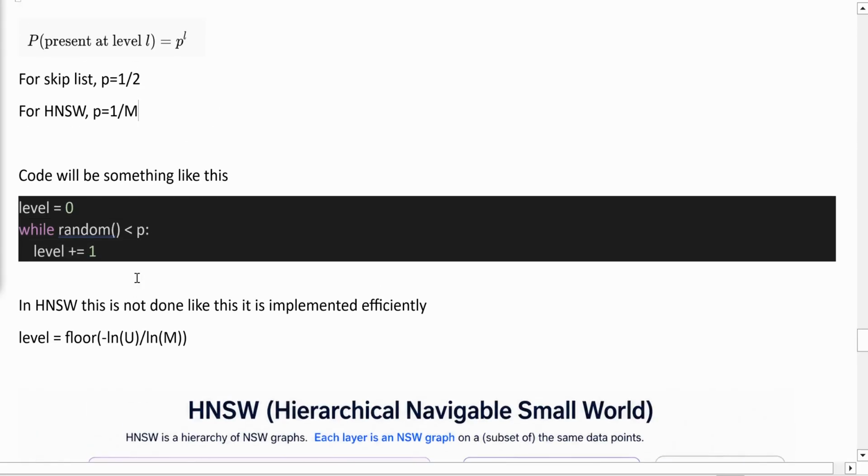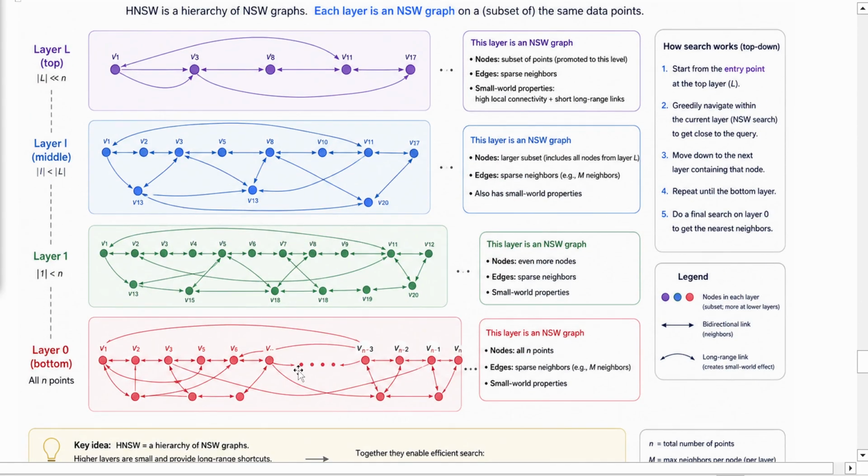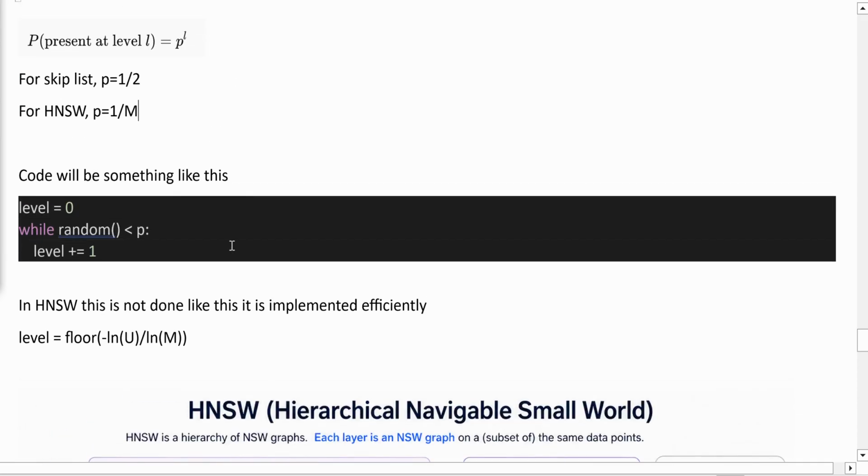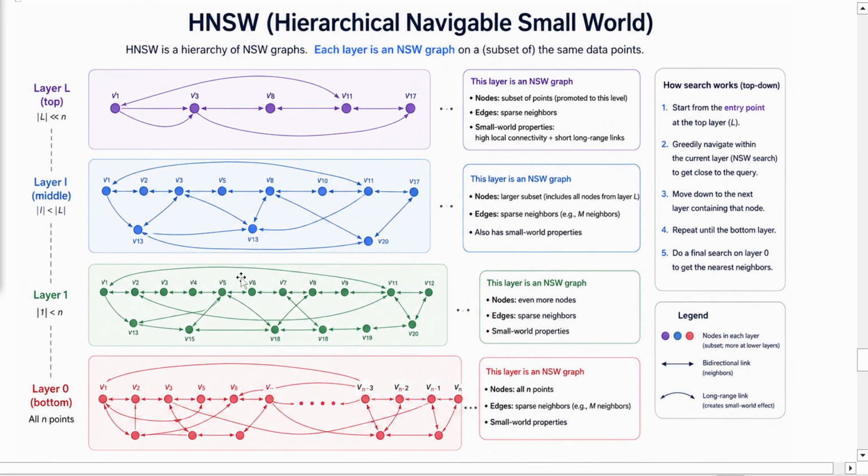If you ignore the last layer, for all the other layers the connections will be at most m, right? So since the maximum connections are at most m, if the number of nodes in the next layer becomes 1 by m, the density stays the same.